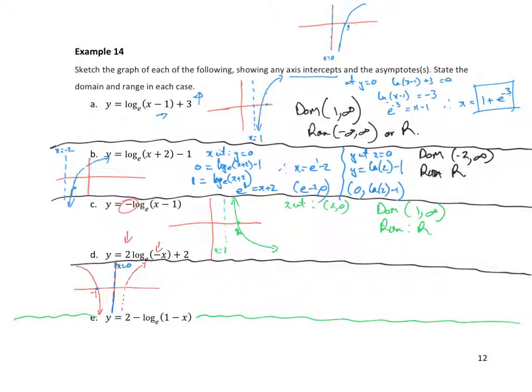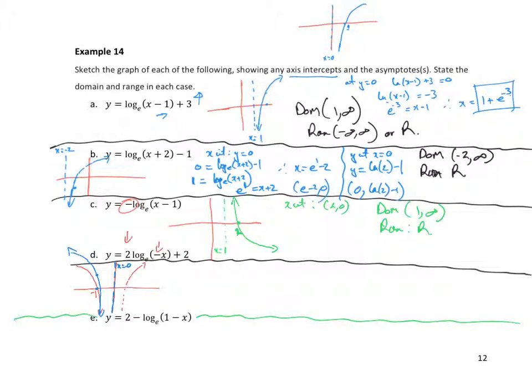That point moves up 2 units there, and the 2 makes everything a bit bigger. So maybe we just get a little bit deeper. So perhaps our graph looks a little bit like that.